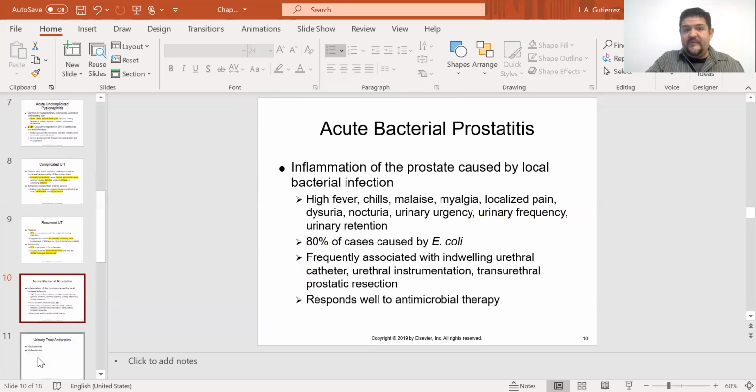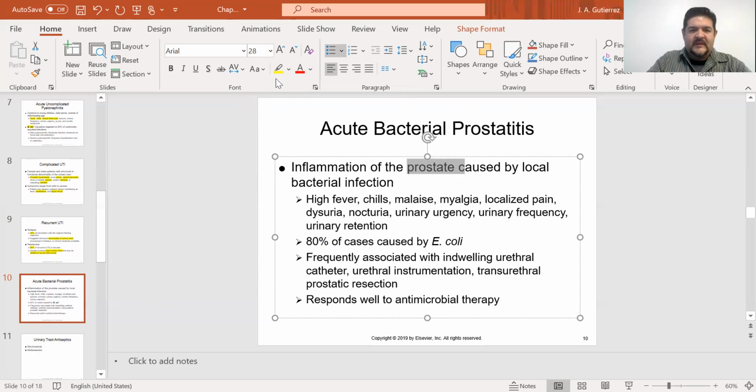Now let's jump to males, acute bacterial prostatitis. So here we have inflammation of the prostate. Most common bacteria, you guessed it, E. coli. And just like the female is gonna have dysuria, urinary urgency, urinary frequency.